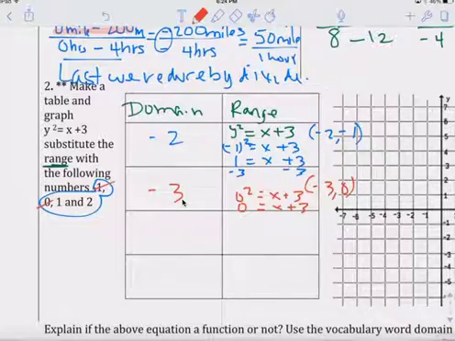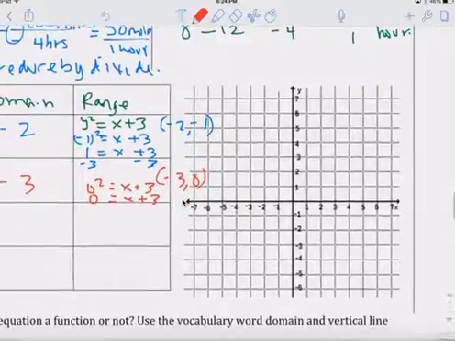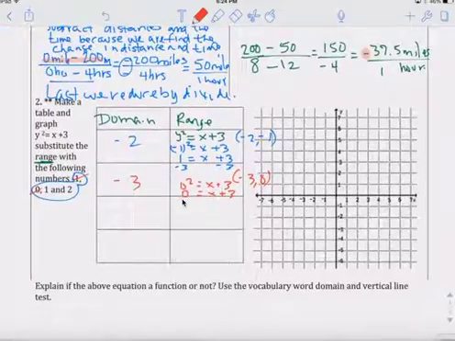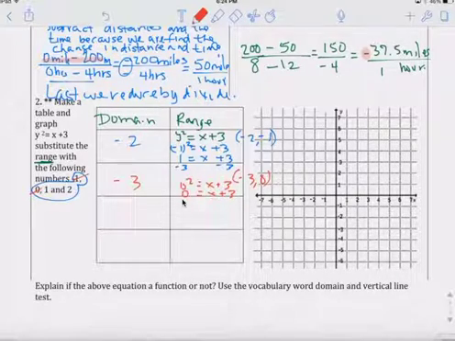Next number is 1. So you finish this and then you plot it, okay? 1 squared equals 1, you don't have to worry about parentheses. Only negative number, x plus 3. So you minus 3, you get -2.